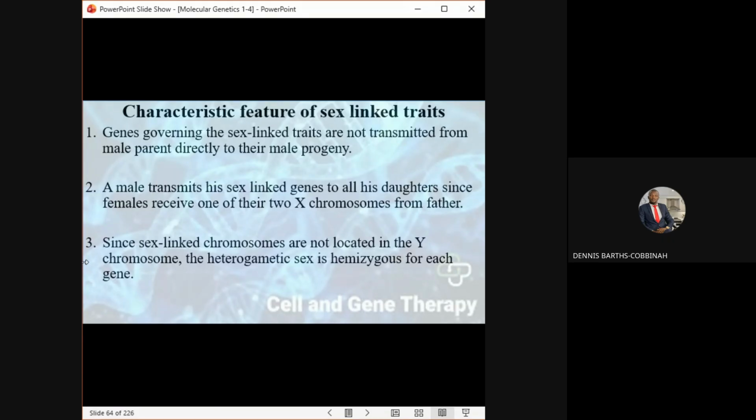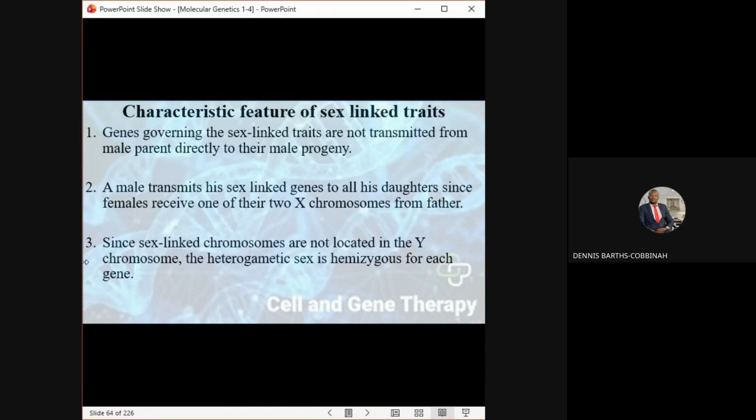So the father will rather transmit the X chromosome which has the defect gene to the girl child. And now the girl child, when grown and married, can transmit that defect X chromosome to the son.